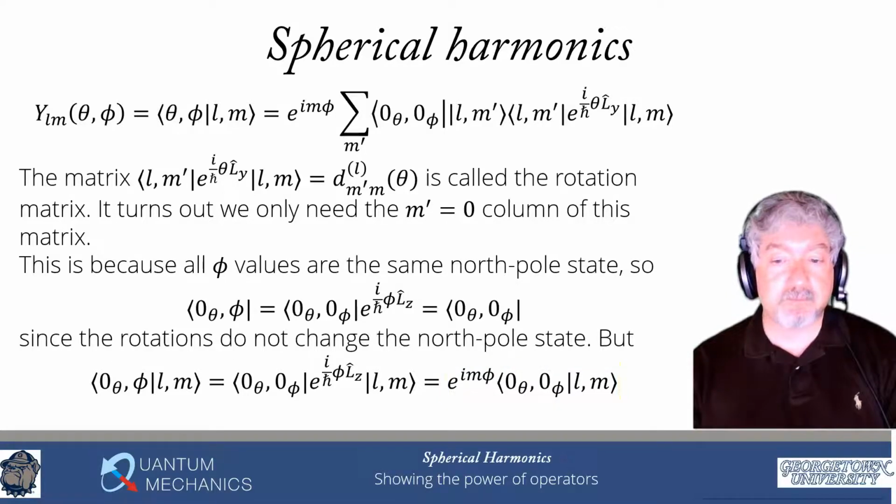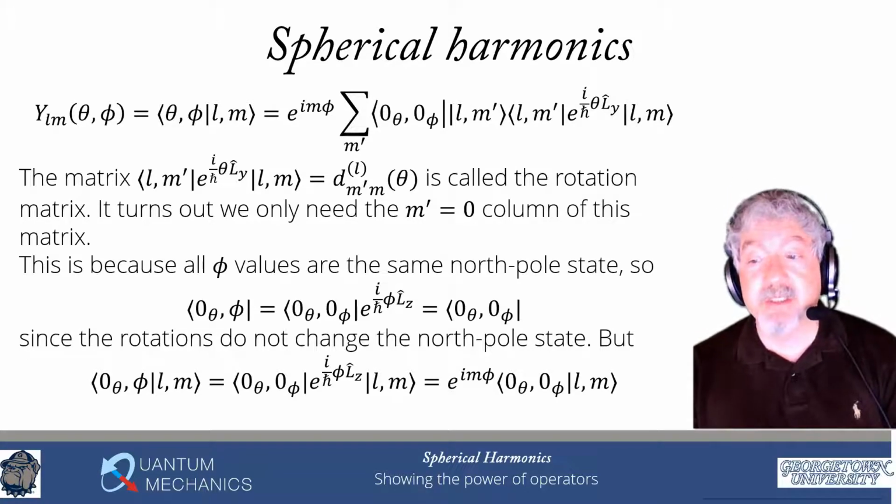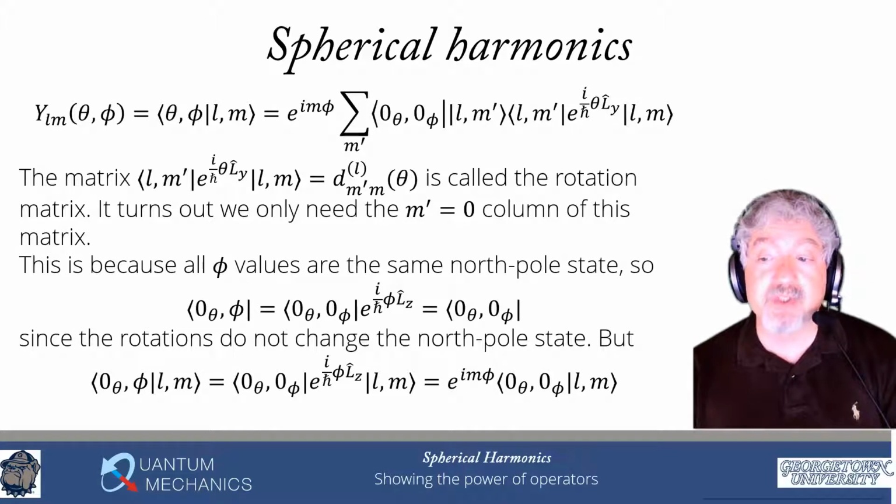And that will only occur when m is equal to 0. And so that overlap of the North Pole state with the state Lm is 0 unless m is equal to 0. And by the way, because we have m equals 0 in our angular momentum states, that's actually an alternative proof to show that angular momentum must be an integer, because it tells me that the m's are integers, but we know the maximal m is when m is equal to L, so that then tells me L is an integer as well.